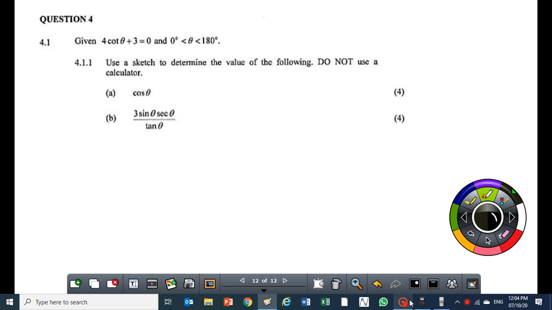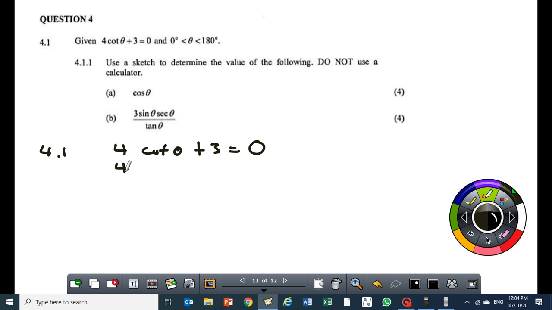So the first thing to do here is to write 4 cot theta plus 3 equal to 0. Right? Then we need to convert this cot theta to tan. I suggest that you do that, because that's the best way.